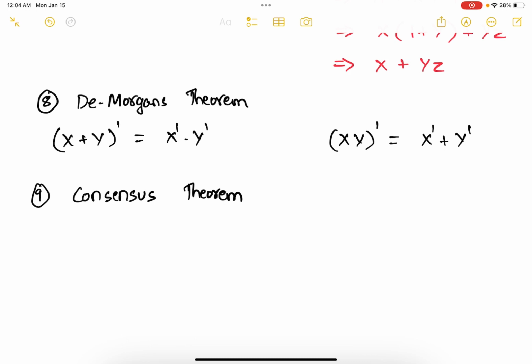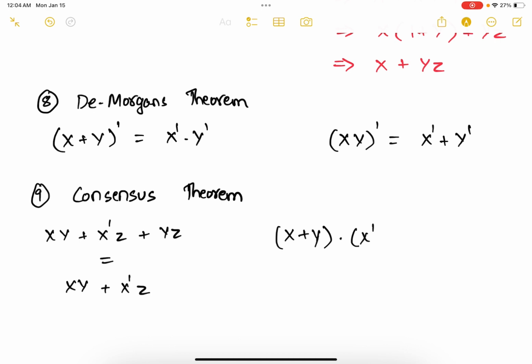So as per consensus theorem, you have xy or x prime z or yz is equivalent to xy or x prime z, and the dual is (x or y) and (x prime or z) and (y or z) is equivalent to (x or y) and (x prime or z).